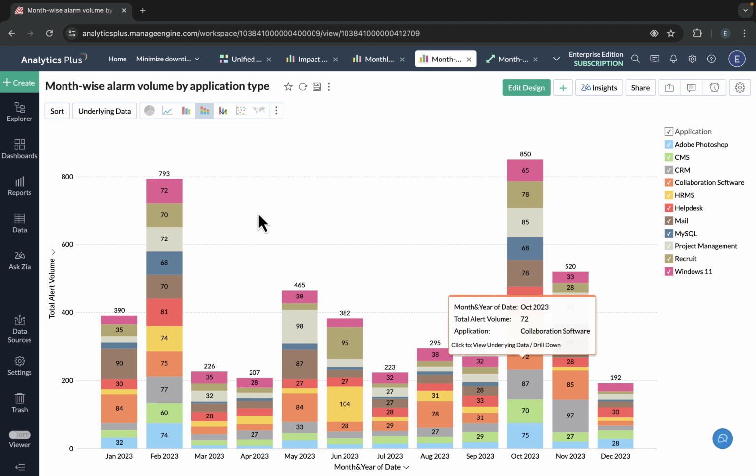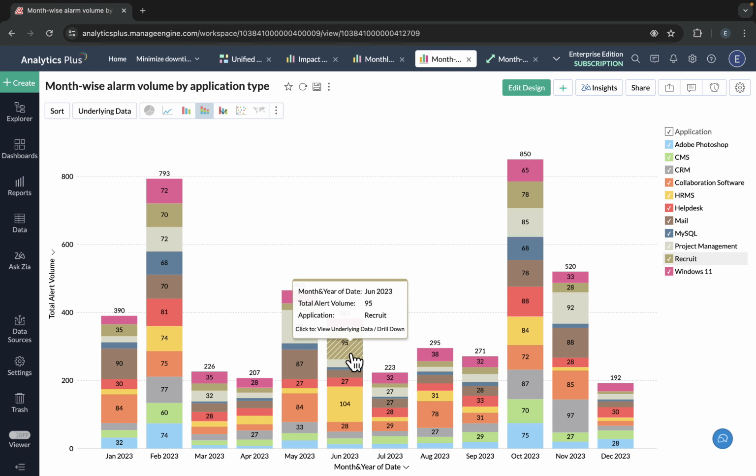We can also observe that the HR suite of applications, that is the HRMS and the Recruit, experience a significant hike in alarm volume in June. To explore this further and correlate the root cause of these alarms, let's look at a detailed analysis of every planned and unplanned event that occurred during the months in year 2023 where there's a spike in alarm volume.